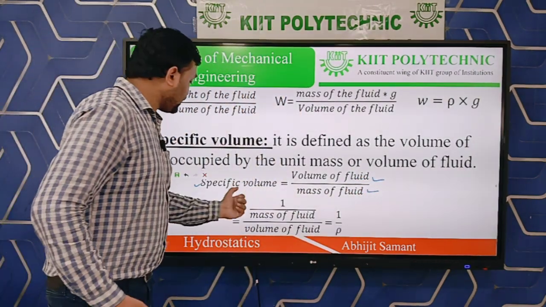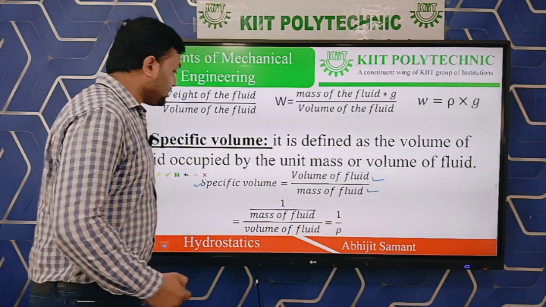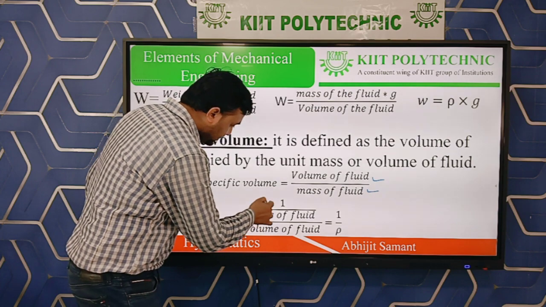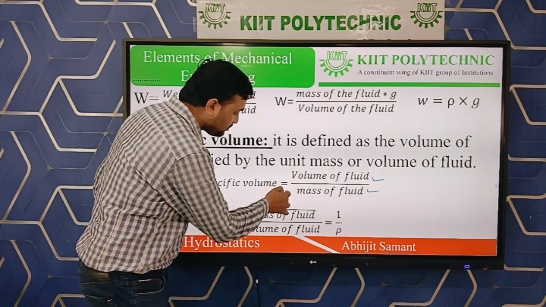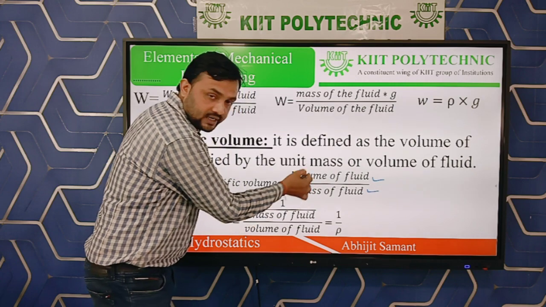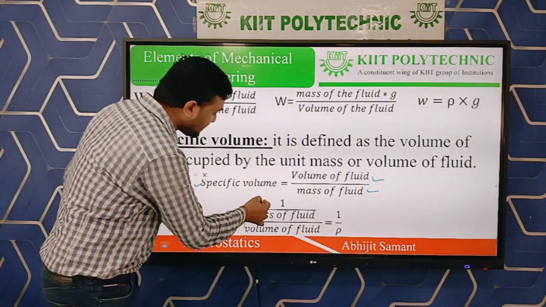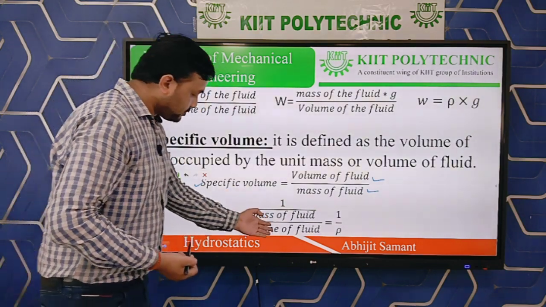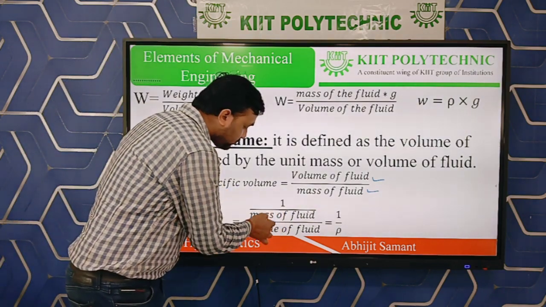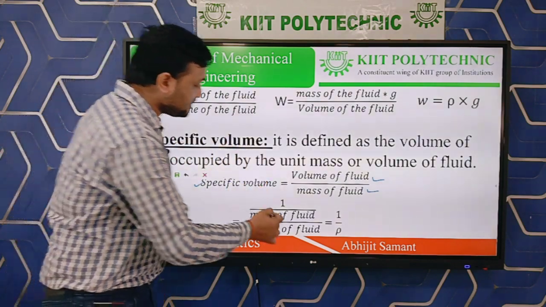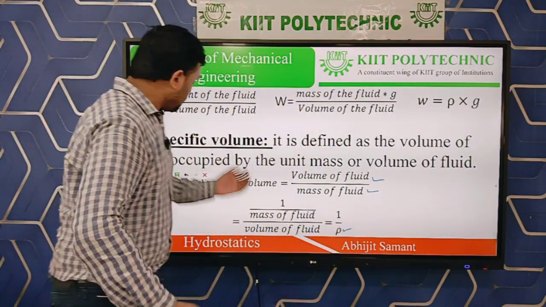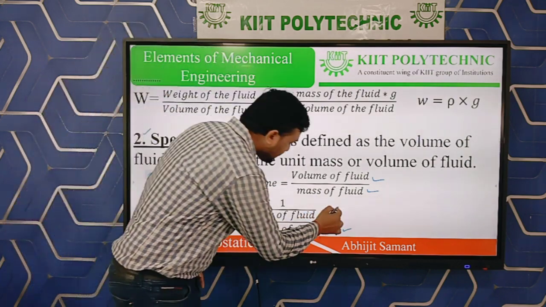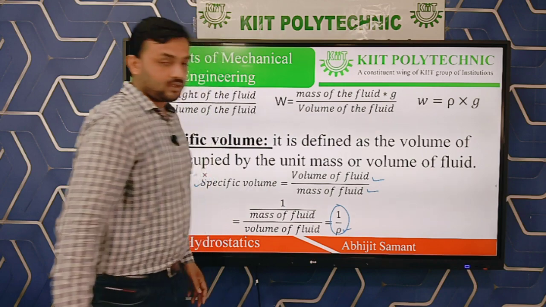This can also be written as 1 divided by mass of the fluid divided by volume of the fluid. Why do we do like this? Now we know that mass of the fluid divided by volume of the fluid is known as density. So specific volume can also be written as 1 by rho.